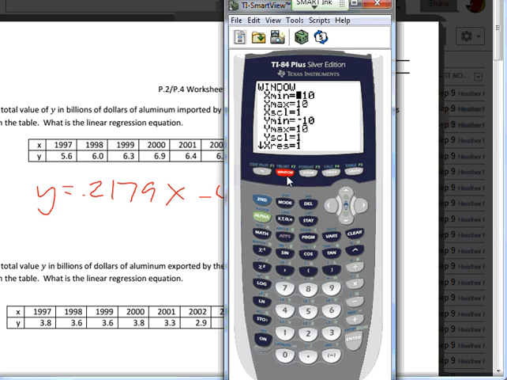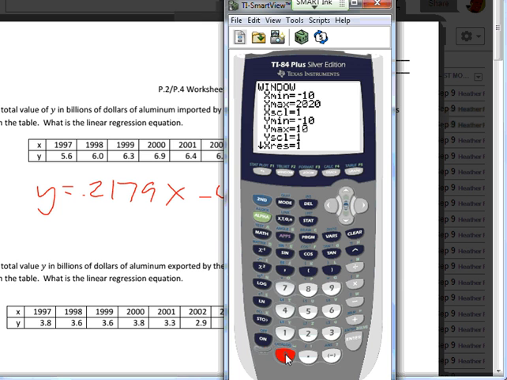Everybody get to the window. Now, our x's, or which ones were the x's again? The years or the aluminum? X's was the years. So what's the biggest year we ever got to? 2000. Okay, but I want to be able to go all the way to like 2010 or 2020 or something, right? Let's all go to 2020 for X max.